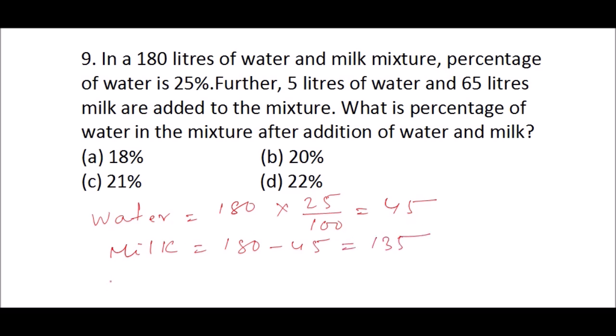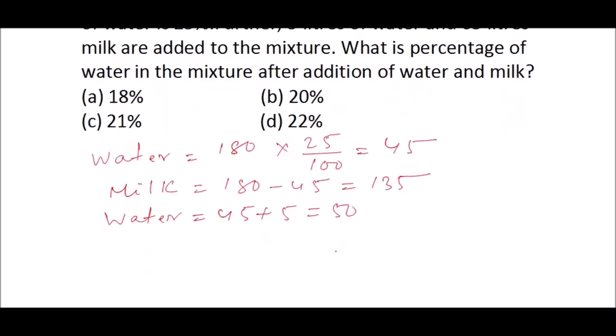After addition, water will become 45 plus 5 is equal to 50. And milk after addition: 135 already existing and 65 liters added, therefore 200. Total is 250, both water and milk.